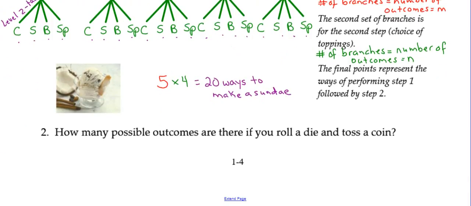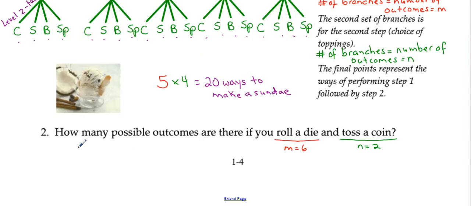Here's an example that we'll try without drawing a tree diagram. How many possible outcomes are there if you roll a die and toss a coin? So in this case, task 1 is rolling a die, and there are 6 outcomes for rolling a die. Task 2 is tossing a coin, and there are 2 outcomes for tossing a coin.